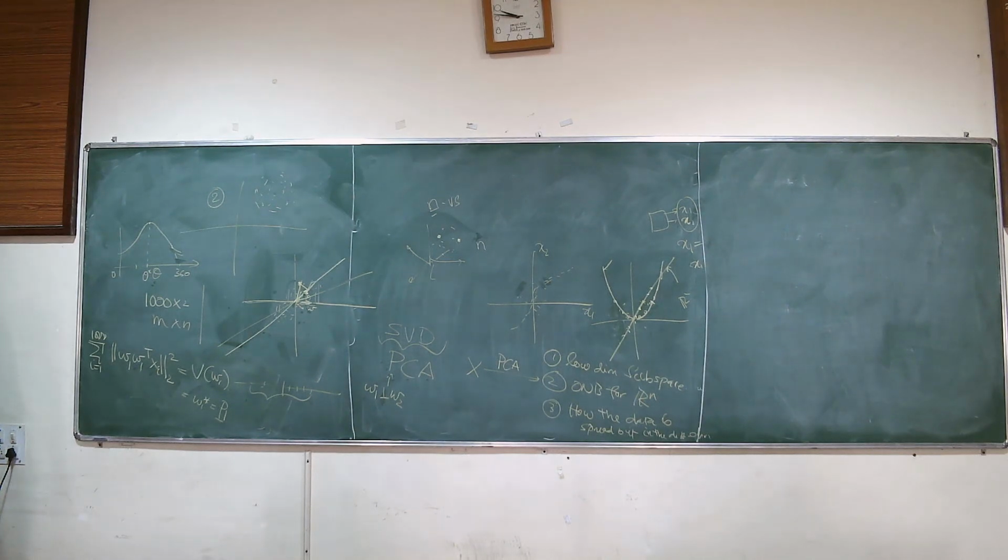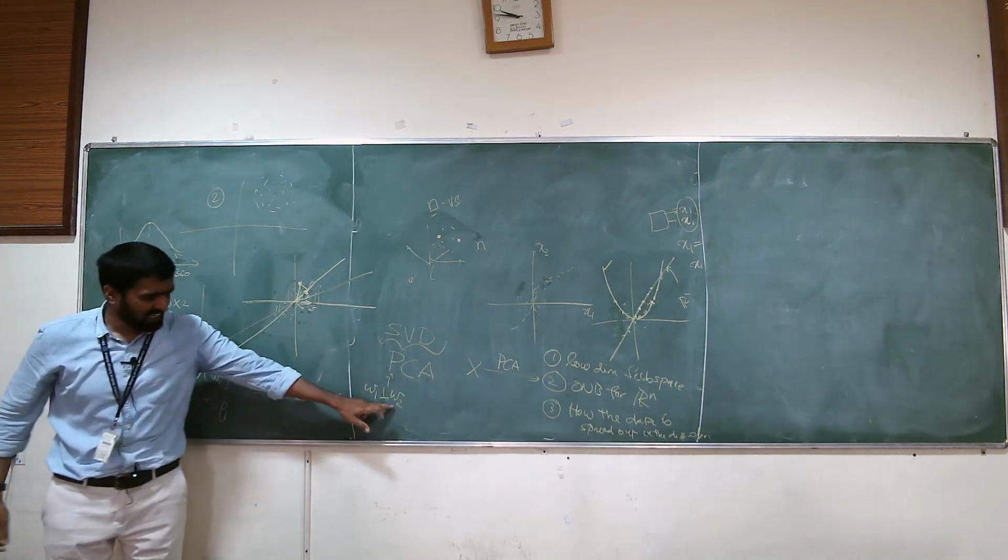So if you're dealing with the problem in R2, you only have to identify one vector, and the other one you automatically get. But let's say we were dealing with R3. Then let's say this is where the data is spread out. You search over the different directions on a sphere, and you find that this is the direction in which data is maximally spread out. Now, the next step would be to find the next direction in which data is maximally spread out.